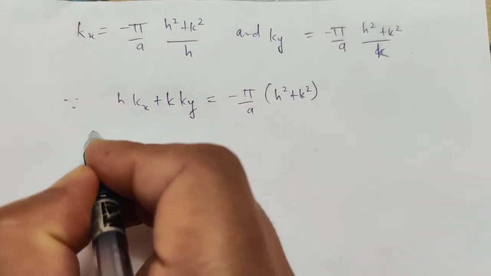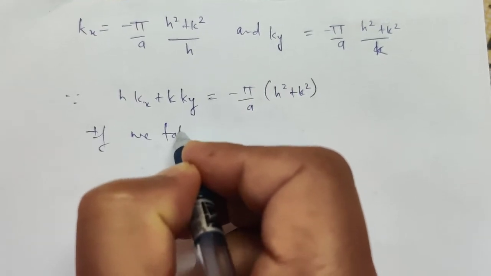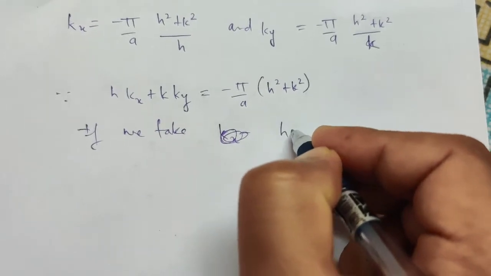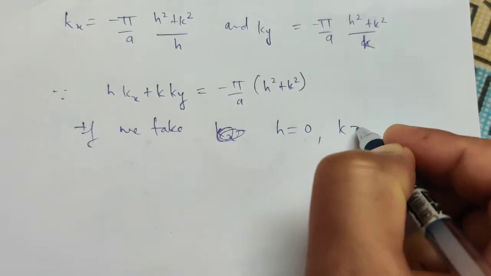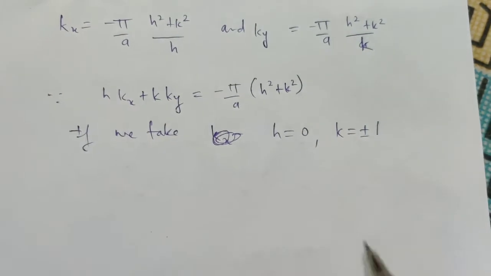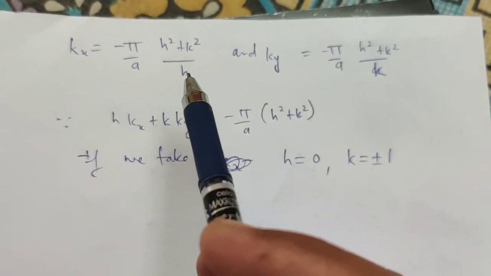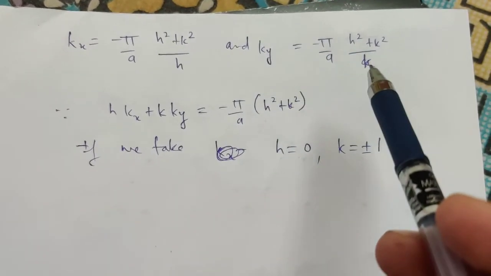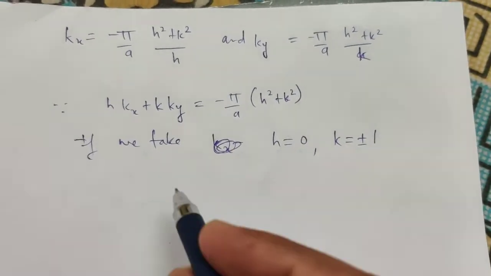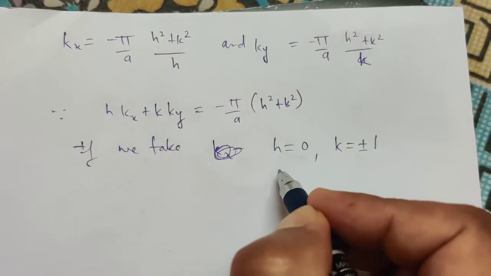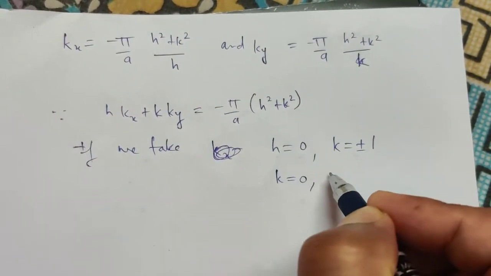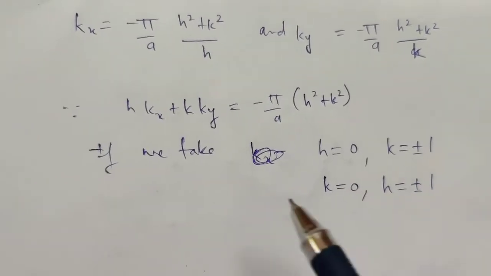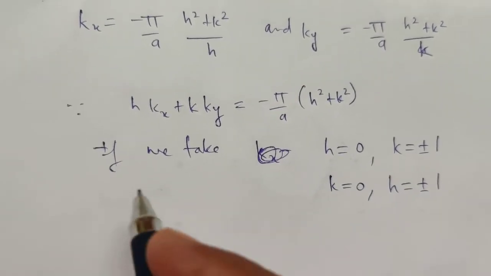So if you take the value of h equal to 0, then k is equal to plus minus 1, and if k is equal to 0, your h will be plus minus 1. So now by using these conditions you can find out your values.